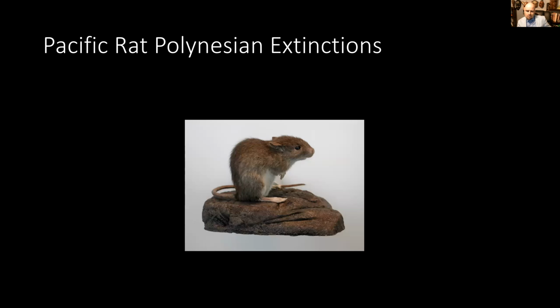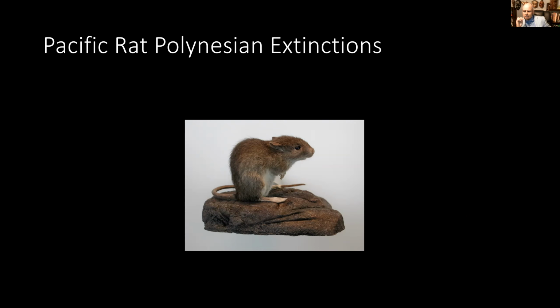Now, Pacific rats also cause all kinds of havoc for plants and smaller animals. And so another example of environmental change that's kind of cool, I'll mention briefly, is Easter Island. Easter Island and a number of other islands, people talk about people cutting down the last trees of Easter Island and this major environmental degradation.